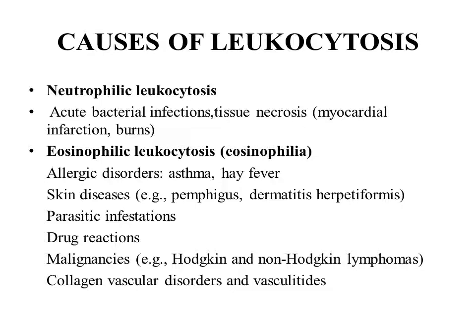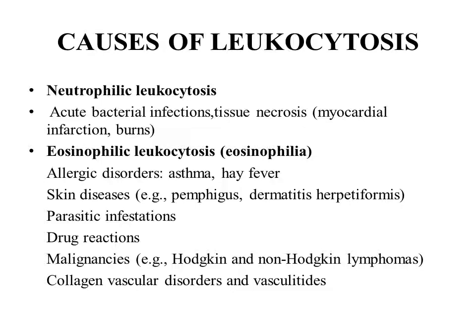Similarly, like neutrophilic leukocytosis, we can have eosinophilic leukocytosis. This is known as eosinophilia. Neutrophilic leukocytosis is neutrophilia. Eosinophilic leukocytosis is eosinophilia. These are the conditions where we can see it: allergic disorders, asthma, hay fever, some skin diseases like pemphigus, dermatitis herpetiformis, or maybe some parasitic infestations.